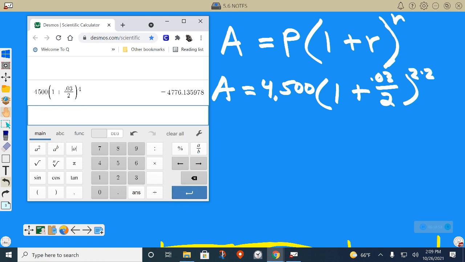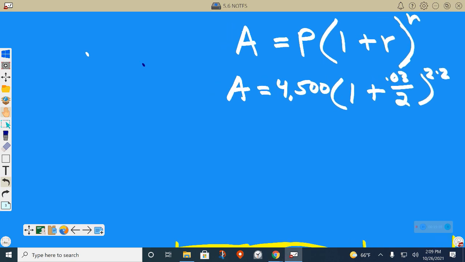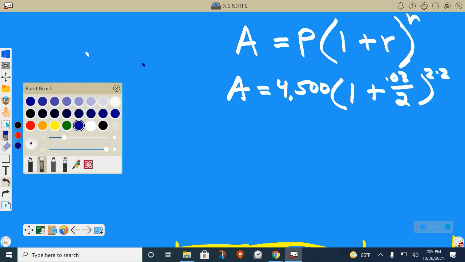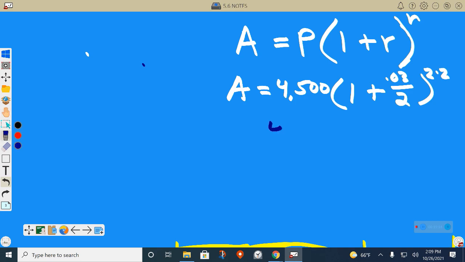Rocking it. So Louisa is going to have $4,776.14. That 3 is in the pennies place. To the right of it's 5 or bigger, so it goes up to 4 pennies. 14 cents rather.